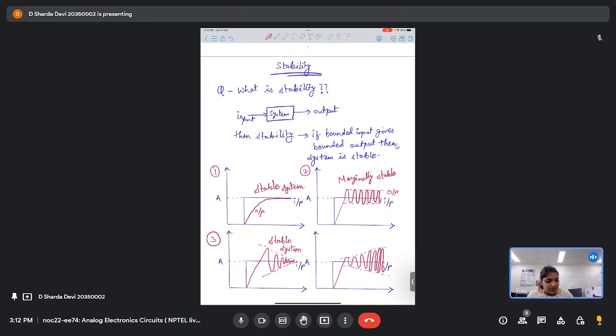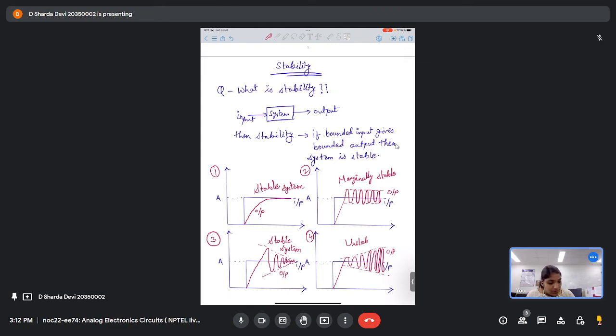But in this fourth case, your output is unable to settle at your input value, rather, it's getting amplified. And if we continue this oscillation and check at infinite amount of time, we'll observe that your output will actually blow to infinite. At that point of time, the system becomes unstable.